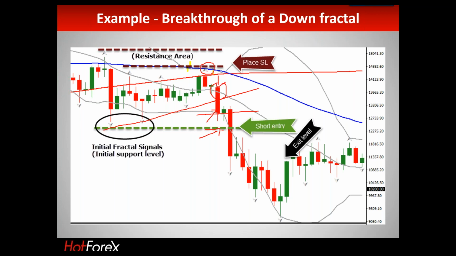So the first sign that it is going to reverse to the downside was this up fractal over here, which was formed and drawn once this candle was formed. I agree with you, it is a quickest entry point, but not fully confirmed, so not fully accurate.